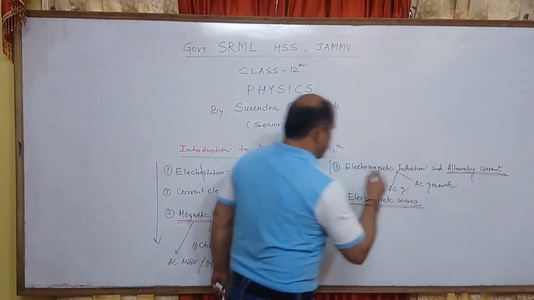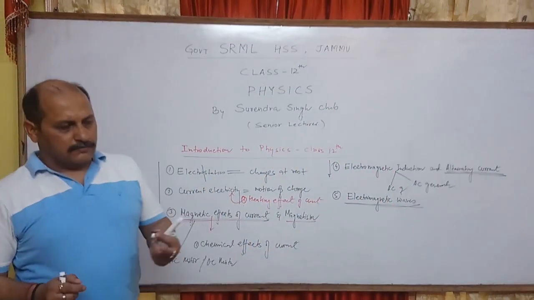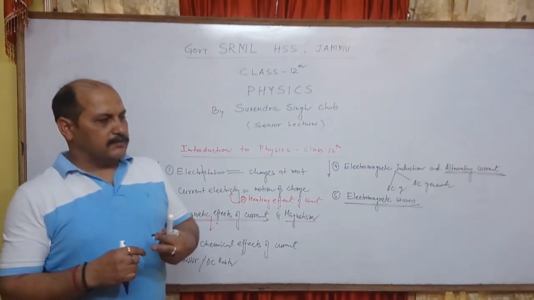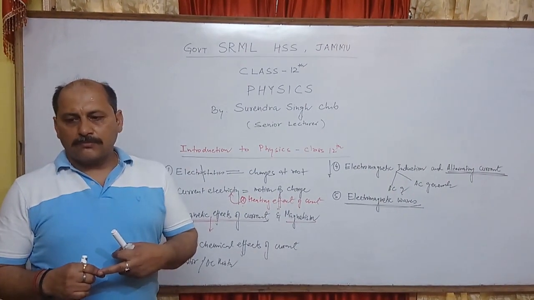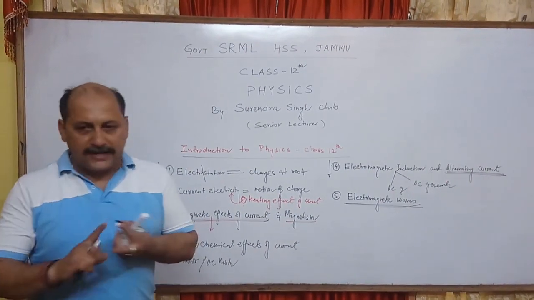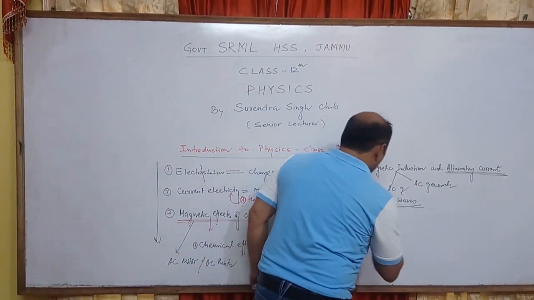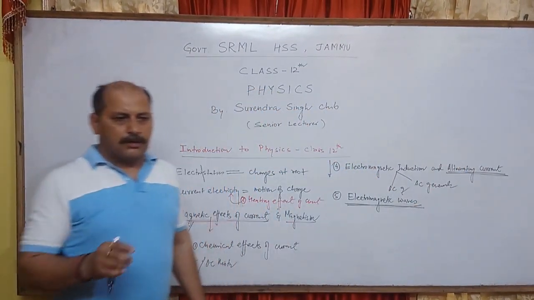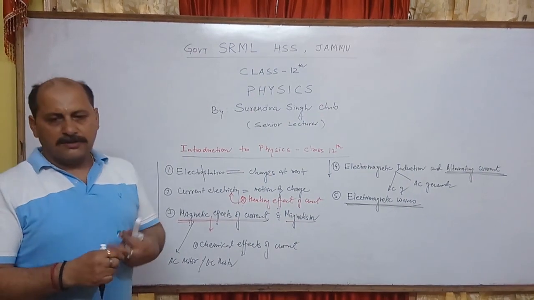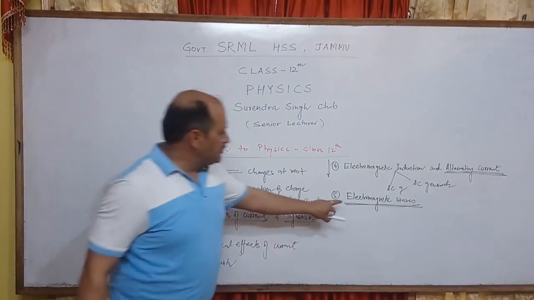Maxwell and other scientists produced that wave. There is a big question behind it. Accelerating charge produces electromagnetic waves. That's all. How it is produced, what is the physics behind it, we'll do it later on in this lesson.